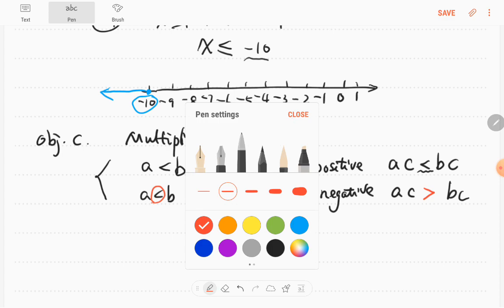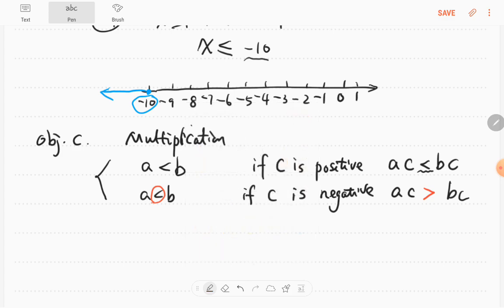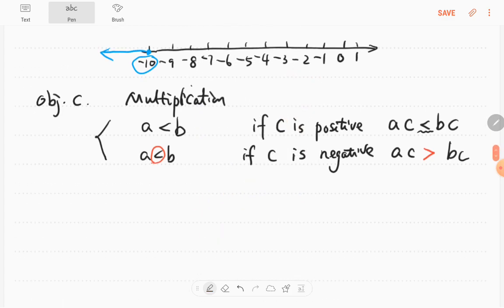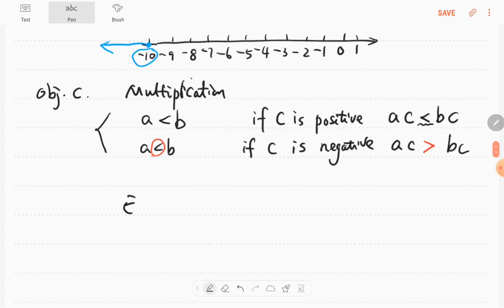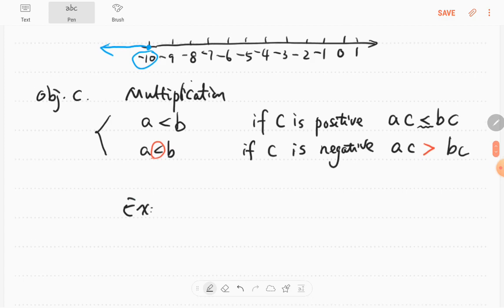For the addition rule, no matter C is positive or negative, it is always true, it always does not change the direction of the inequality symbol. But for the multiplication rule, you should be very careful about the inequality symbol. The direction will change sometimes. Let's see the example. So we have this.